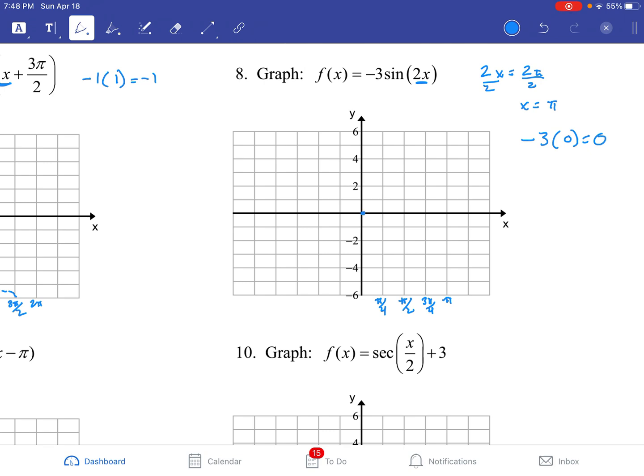So our first point is at 0. Our amplitude, step 4, is 3, but it's upside down because there's that negative sign. So we're going to go down by 3, up by 3, up by 3, and down by 3. There's our graph.